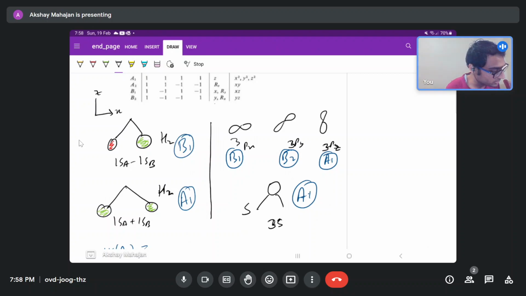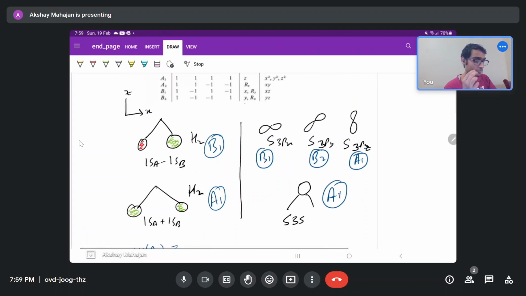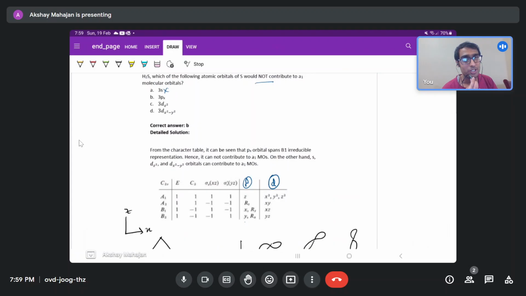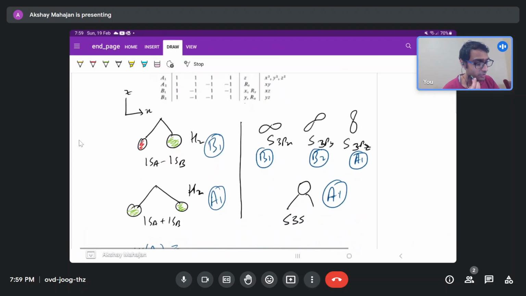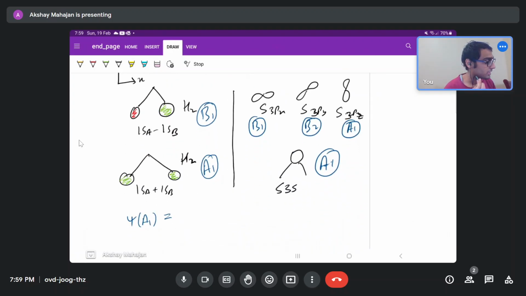I just want to emphasize that this is similar to the problem. So if you have to do it for 3px, 3py, 3pz, okay. I just want to emphasize that this could be done, but for this question you don't need to do this. This is what was done in the class, and you will form your ground state in the similar form.